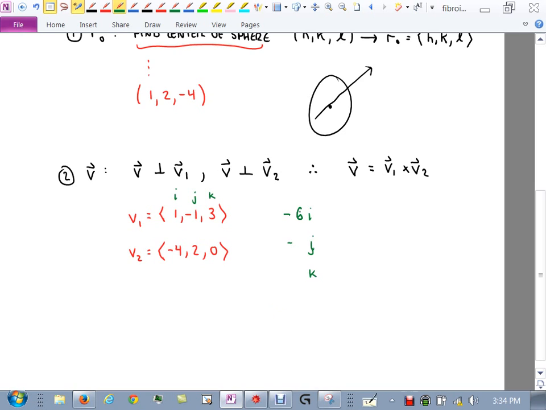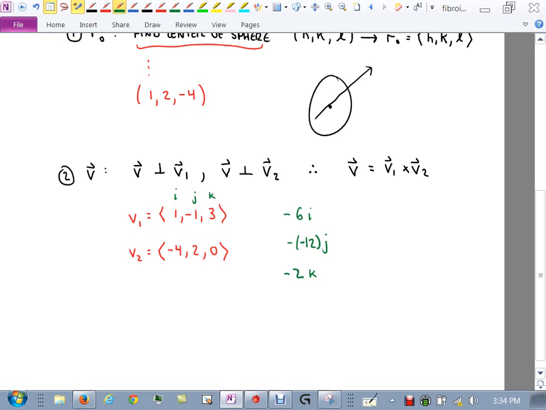We find j, which is 0, take away -12, which is +12, but then change it. So it'll be minus -12 here. And then k, 2, take away 4, -2.